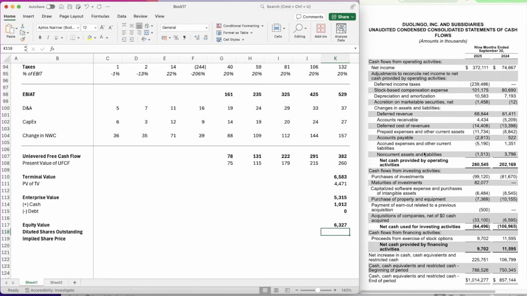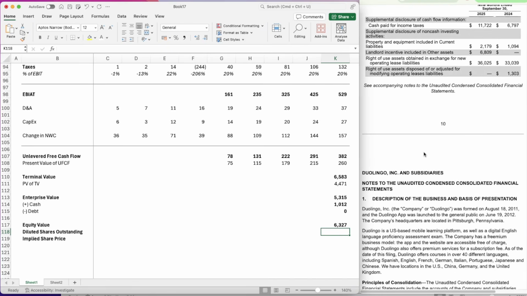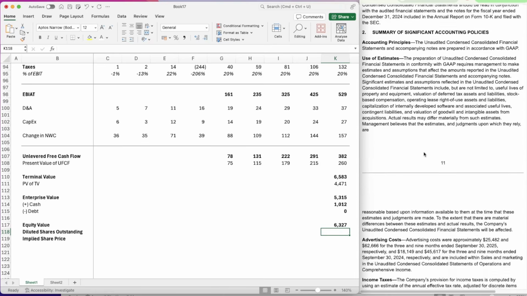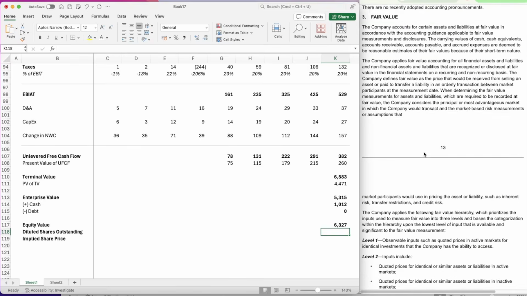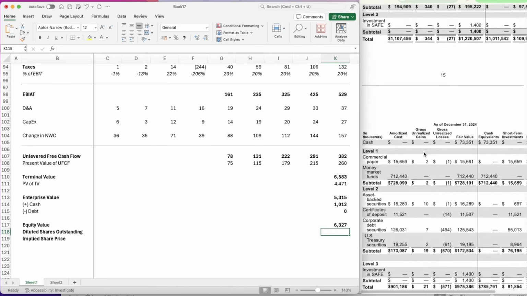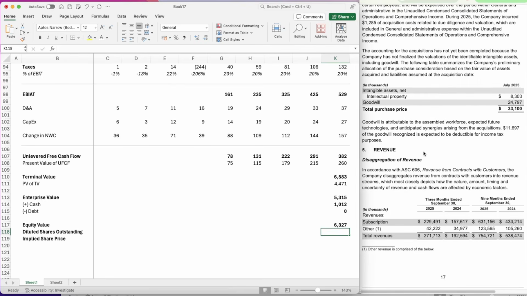We want diluted because there will be a lot of stock-based compensation that could potentially have to be exercised for a company like Duolingo.